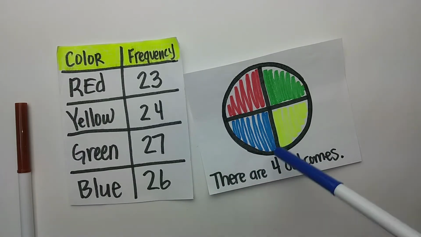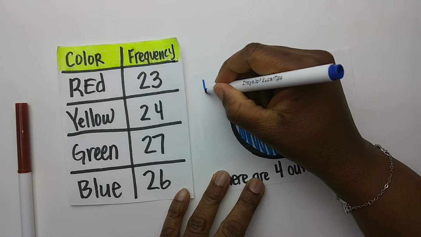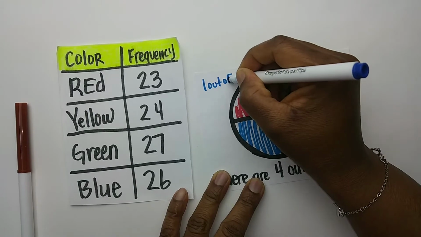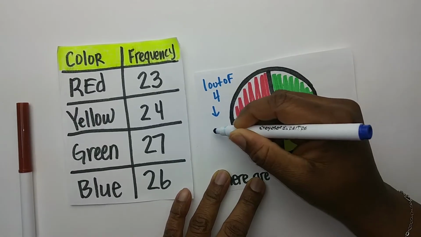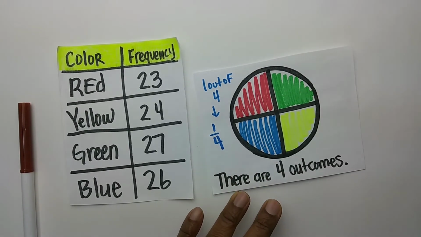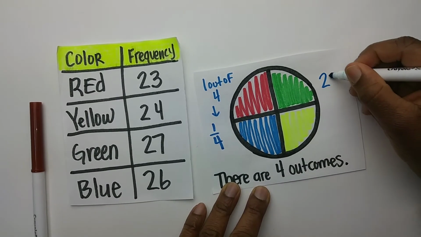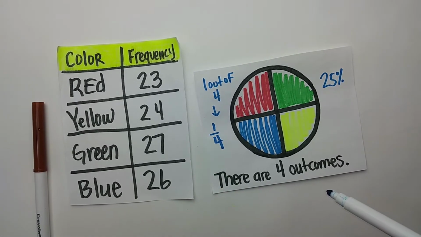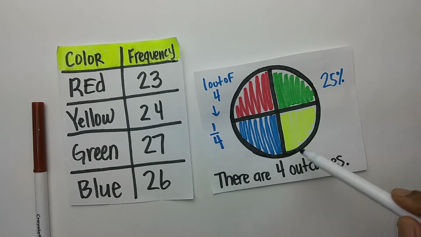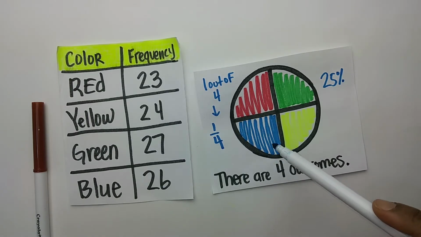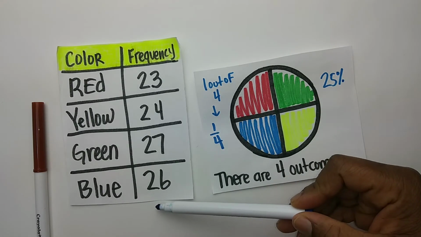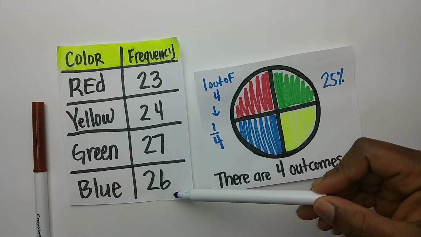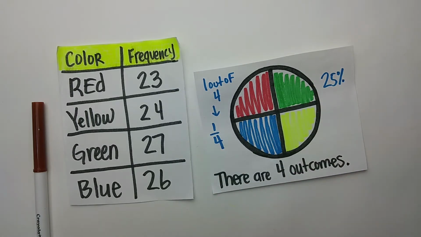So if you take a look at these equal size sections, there is a 1 out of 4 or a 1/4 chance or a 25% chance probability that the spinner will actually land on either one of these colors. And if you take a look at the table, it is about 25%. Some of them are a little bit over, some of them are a little bit under.